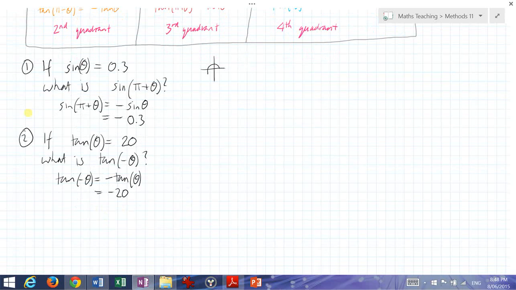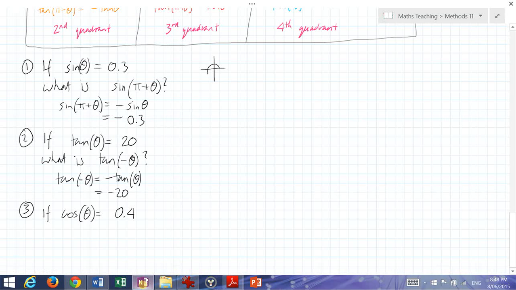And we'll go with one last example. If cos of theta equals 0.4, then, whoops, sorry about that. Then the question is, what is cos of pi minus theta?